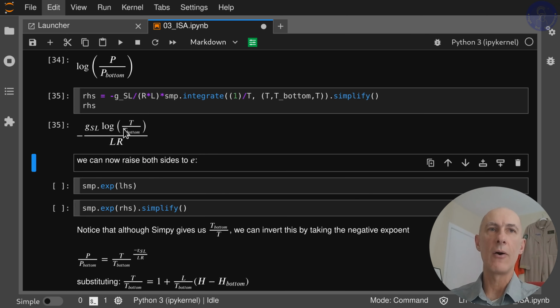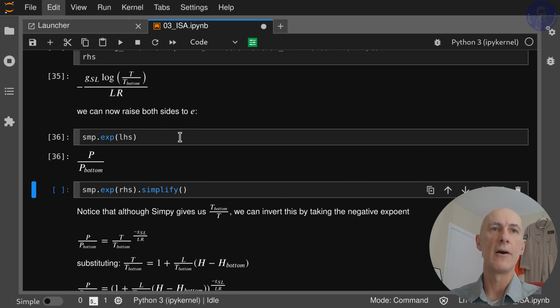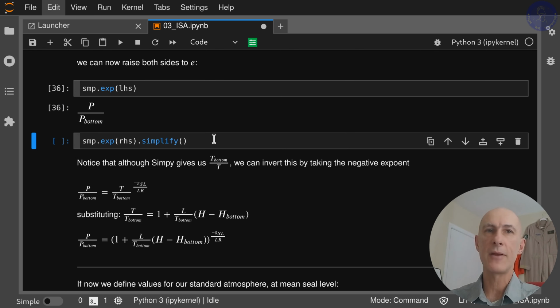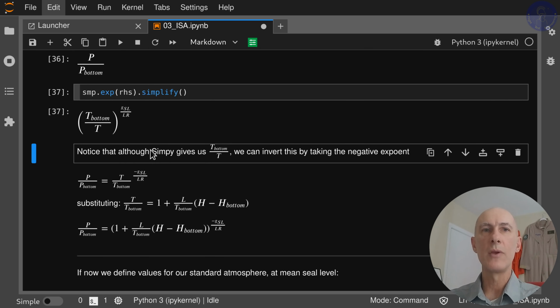Notice that both sides have logs, so we can raise both sides to e to get rid of that. So we can take a look at the left-hand side and then the right-hand side here. And notice that we have this exponent positive because SymPy simplified to T bottom over T, but we want the opposite.